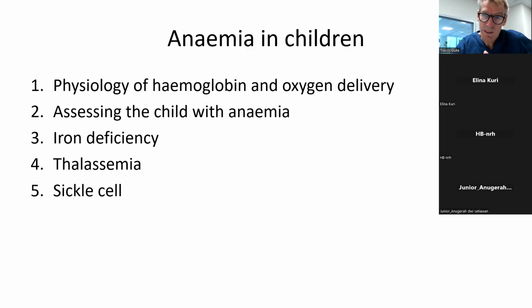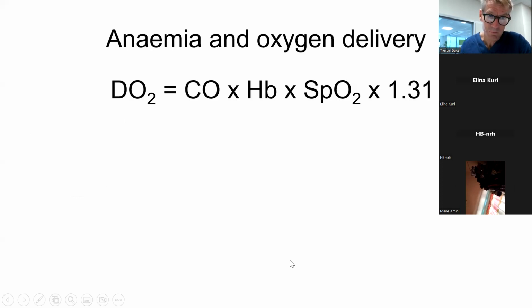We'll talk quite a bit about thalassemia because it's such a common cause of congenital anemia in children in Papua New Guinea. And we'll just briefly touch on sickle cell disease, which is much less common in PNG, but does occur, usually in combination with thalassemia. As I say, there'll be other talks throughout the year where we'll talk about other aspects of anemia, such as hemolysis and other types of anemia, but we'll just start with this today.